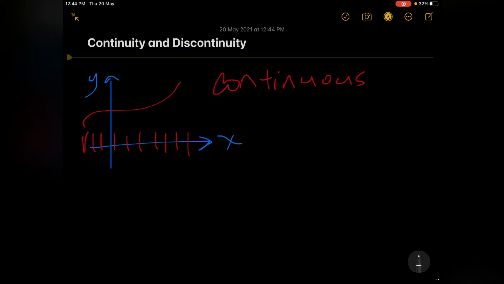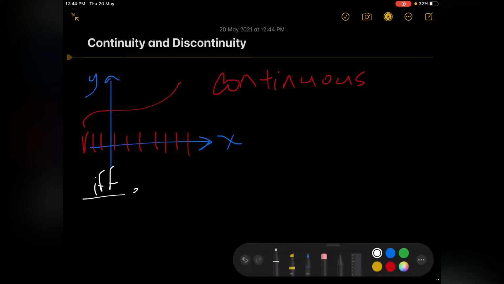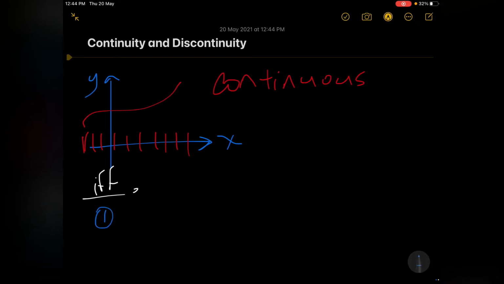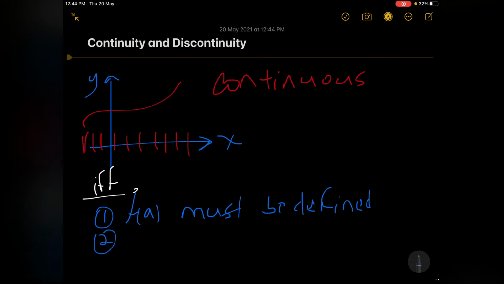A function is continuous if and only if these three conditions are met. Condition 1: f of a must be defined. Criteria 2: the limit of f of x as x approaches a must exist.